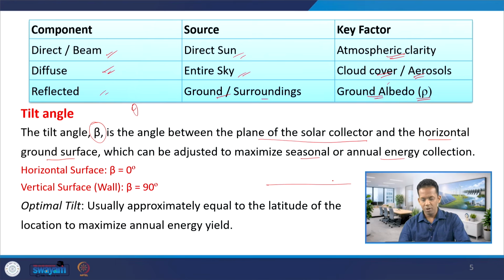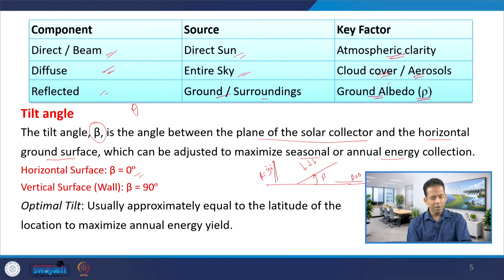If this is the horizontal surface and this is the surface receiving the solar radiation, the angle made with the horizontal is called the tilt angle. For a horizontal surface, beta will be 0. For a vertical surface, beta will be 90 degrees, and anywhere between that it is called beta.